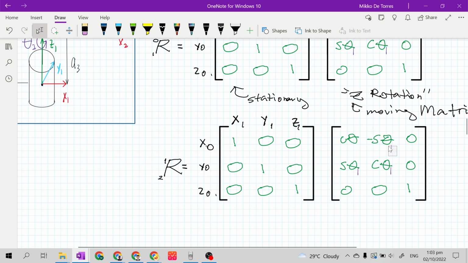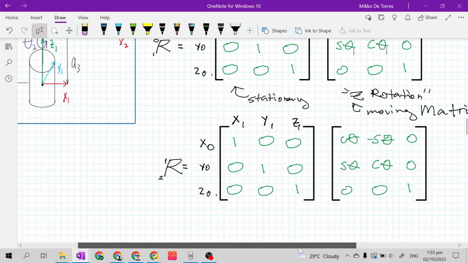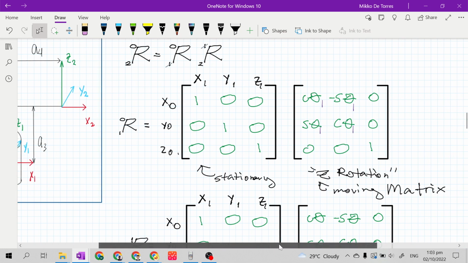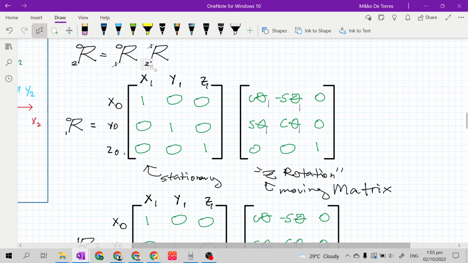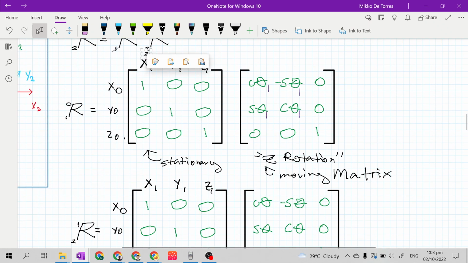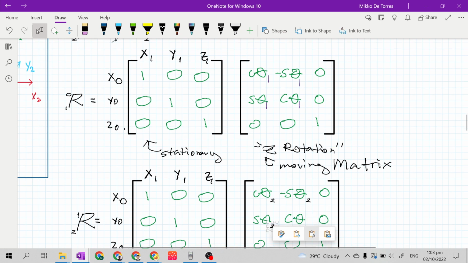It is not theta 1 anymore because our angle of rotation is at z sub 1, and it is now theta 2. So let's replace theta 1 with theta 2. This is theta 2, this is theta 2, this is theta 2.